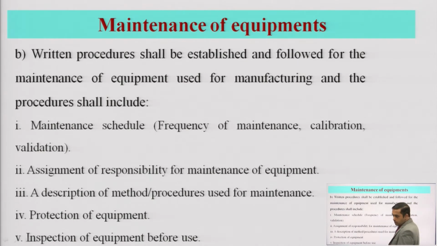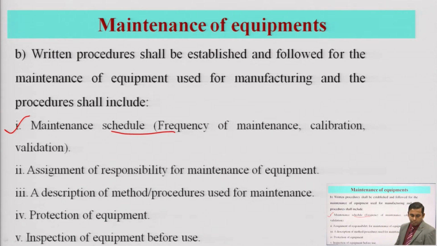Then I can also tell you that a written procedure should be established and followed for the maintenance of equipment used for manufacturing, and the procedure should include a maintenance schedule. You have seen in my previous lecture, I have drawn and told you how things actually happen.